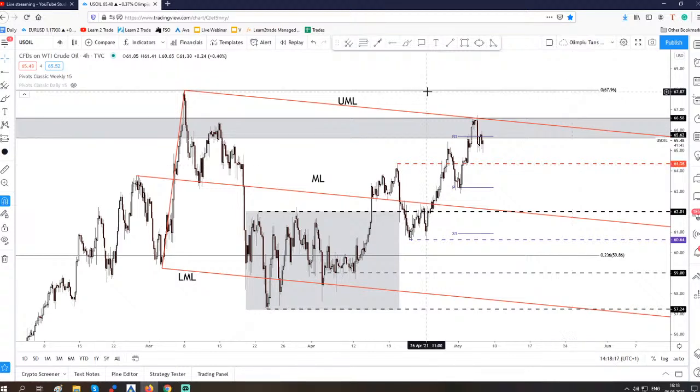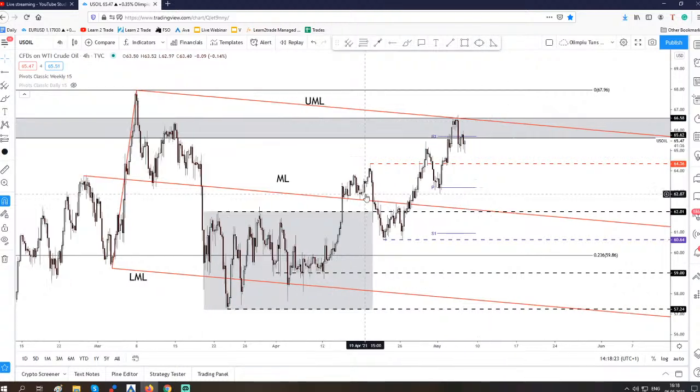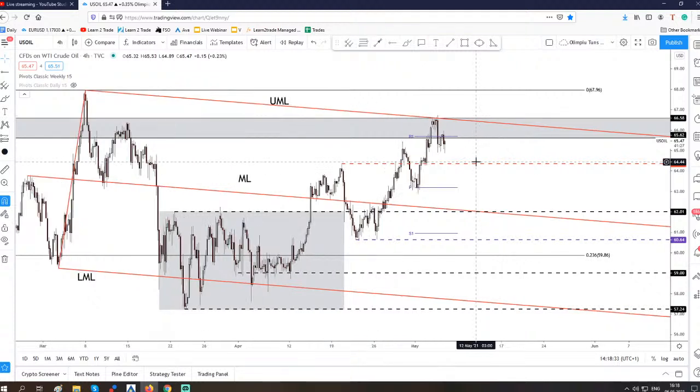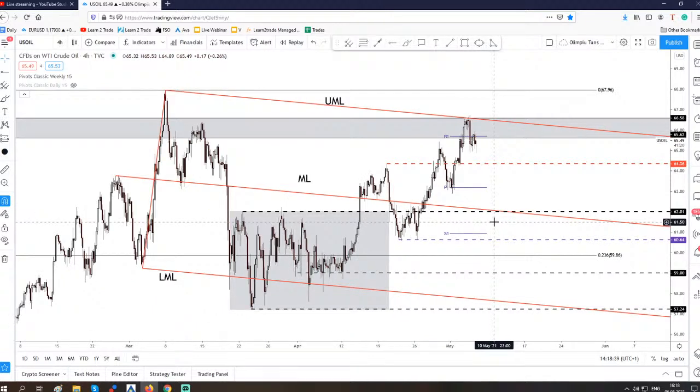Also, it has registered only a false breakout above the upper medium line of the descending pitchfork. You can see that the lower medium line acts as support. The upper medium line acts as a dynamic resistance, guys. So only a false breakout, a temporary drop, but the bias is still bullish. And if the US dollar continues to depreciate versus its rivals, then maybe the US oil will continue to increase, guys.